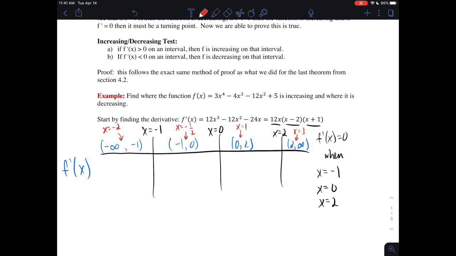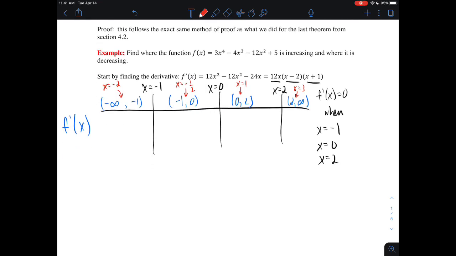This just takes a little bit of work on the side, and we're taking those numbers, what I wrote in red, and putting them into our derivative, the 12x times x minus 2 times x plus 1. It helps if we think of those factors: would they be positive or negative? For example, if I think of my three factors, 12x, x minus 2, and x plus 1, and I plug in x equal negative 2, I would get a negative from the first factor, because 12 times negative 2 is negative 24.